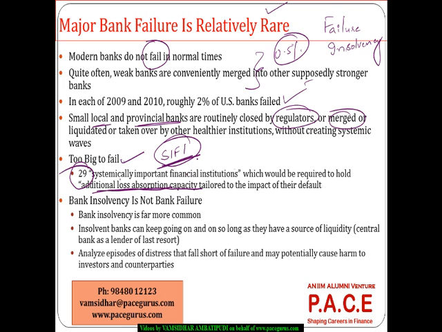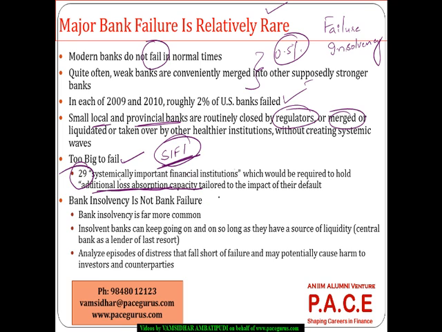Because if they default, the understanding is they are going to create ripples in the entire financial system, and the entire country's operations are going to be shaken because of them. So this is a kind of proactive measure that is being taken by the government.